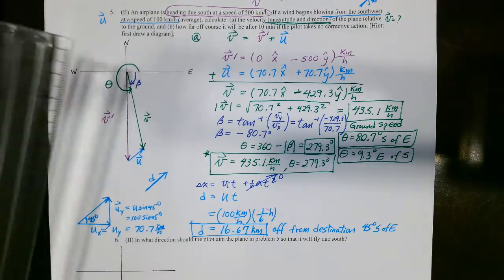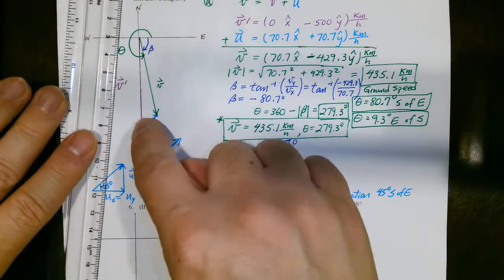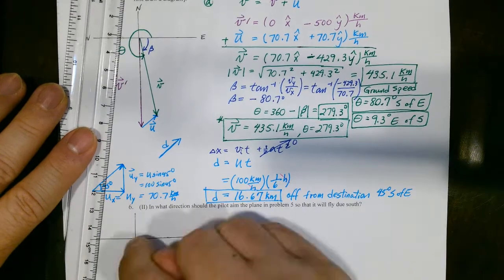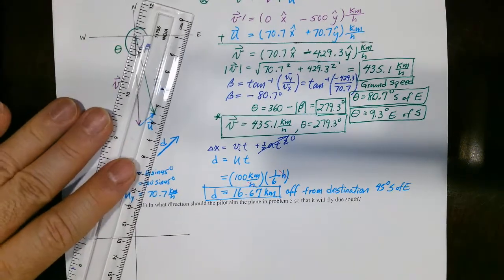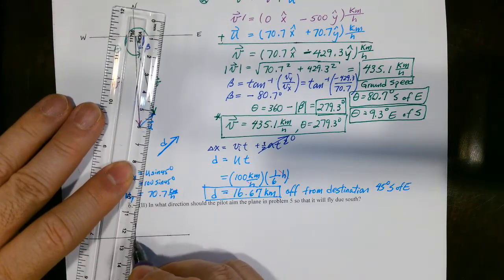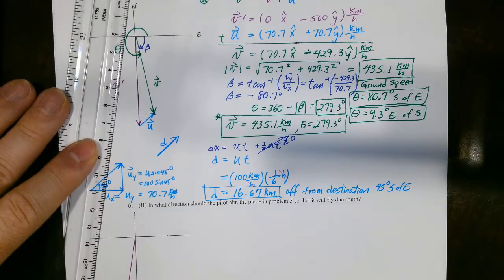So here, we know we can fly this airplane at 500 kilometers per hour a certain way this way. So this is our V prime.